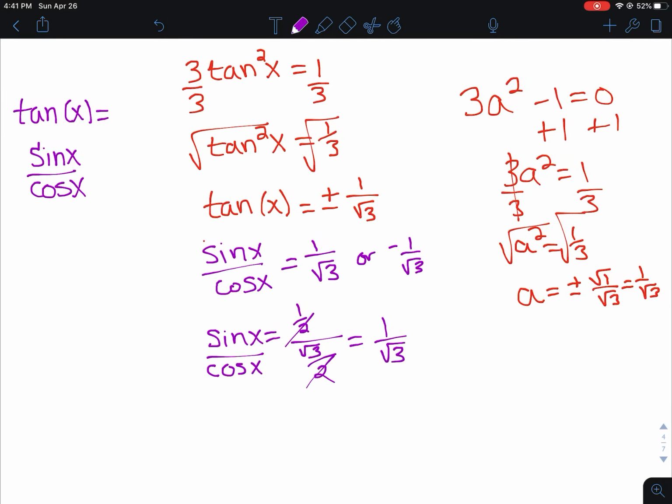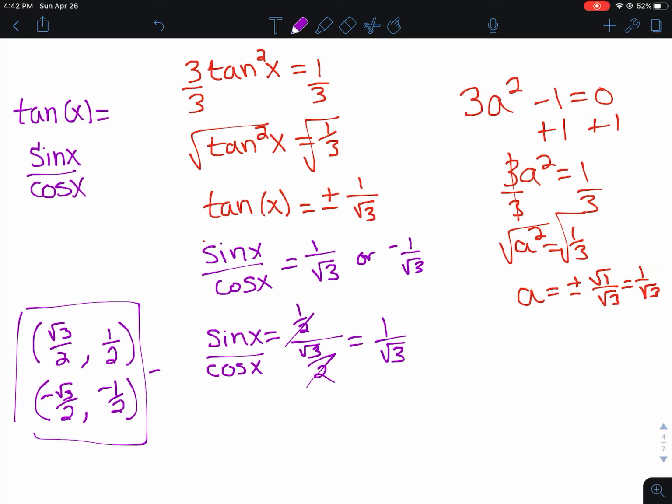So my sine then could be, and that's the y value, remember, positive 1/2, with positive square root of 3 over 2 as the cosine, or negative 1/2, with negative square root of 3 over 2 as the cosine there.